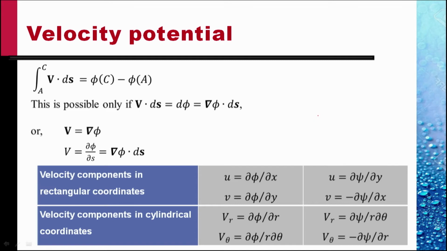Also given in this table are the velocity components u and v in terms of the gradient of the stream function psi that we did earlier. u is equal to del psi by del y and v is equal to minus del psi by del x. Similarly, we can write the velocity components in the cylindrical polar coordinates.